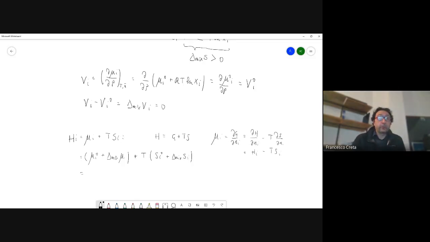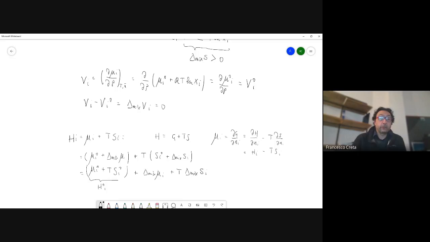So let's regroup the pure values here. This would be essentially H0, or standard molar enthalpy, of the pure species, plus the two mixing quantities, the one relative to the chemical potential, and the other one to the entropy mix.